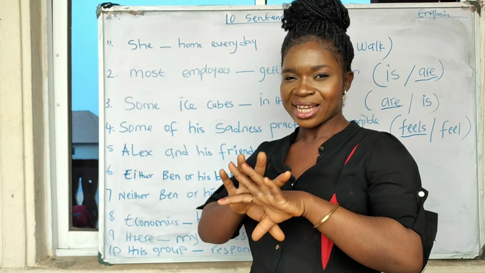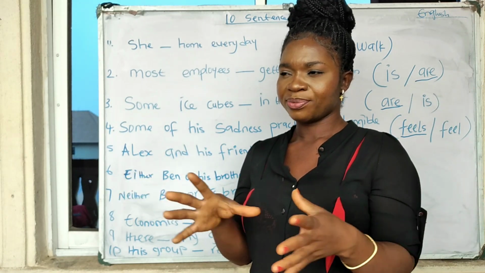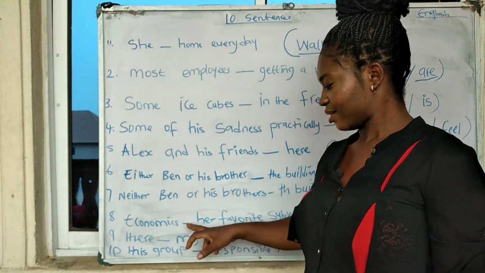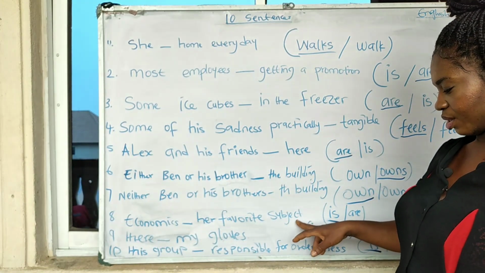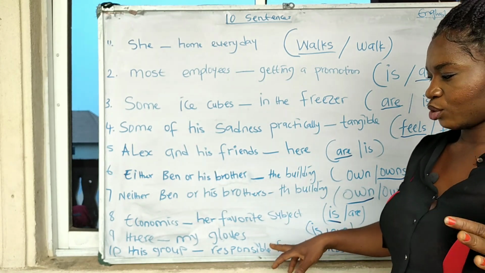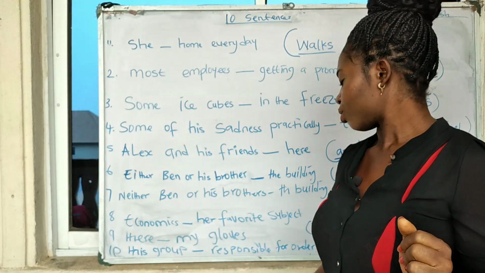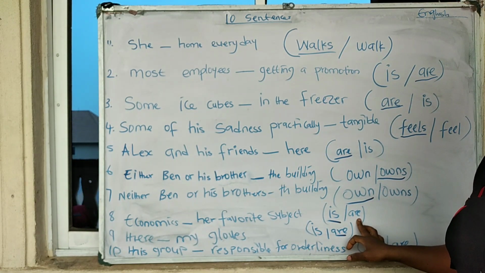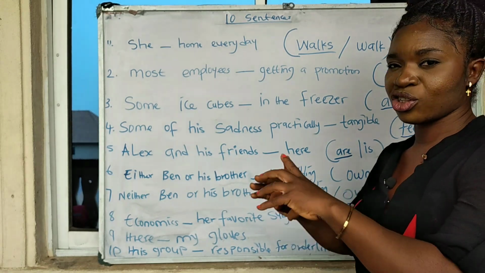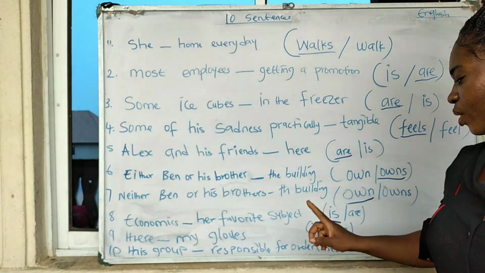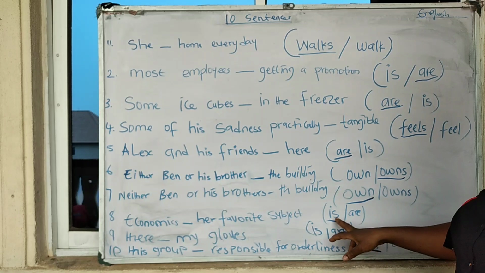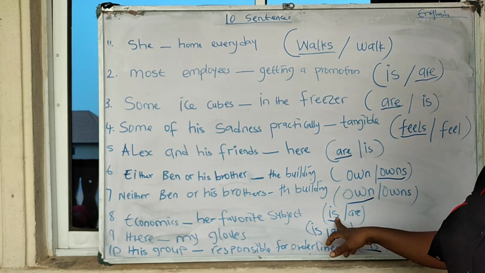Entirely, it has changed to a new meaning. Economics is her favorite subject. If this was to be plural, we're supposed to go with are, but economics is just a subject on its own, so it goes with is. That's why we have is right here.